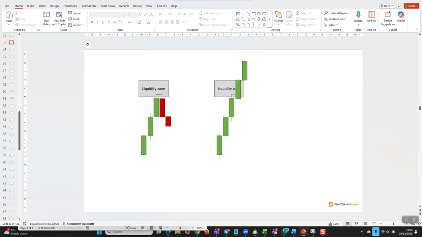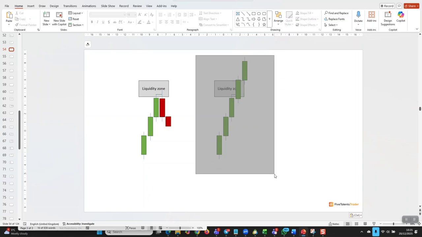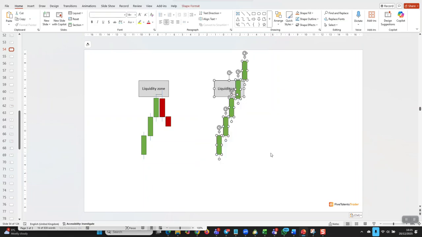So the way I see this and the way I look at this in the market is, first of all, let's move this to the side. What does price do once it comes into that area of liquidity or around that area of liquidity?